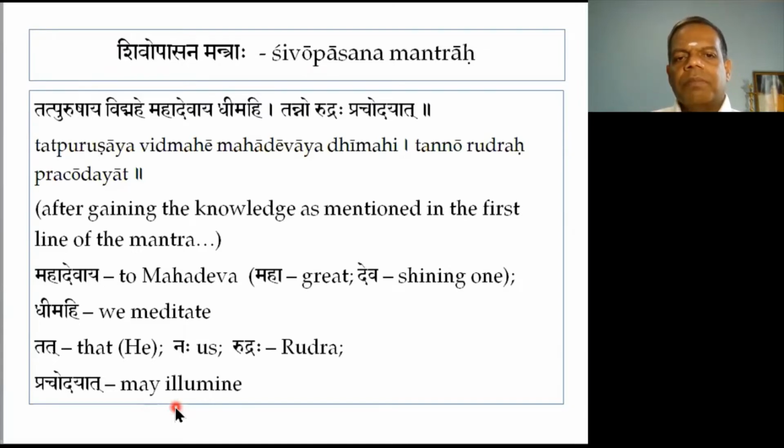That will make us experience the mantra much better. This Tatpurusha is the east-facing face of Shiva. I just thought I would mention that. So that's as far as this mantra goes.